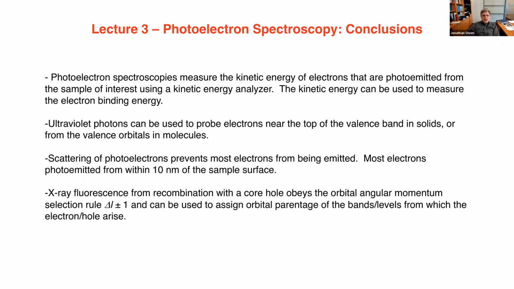And so you can figure out what that work function is by using this principle that there's a cutoff process and an onset and the photon energy to sort of break that thing apart. Ultraviolet photons are used to look at valence bands and molecular orbitals in solids and molecules.